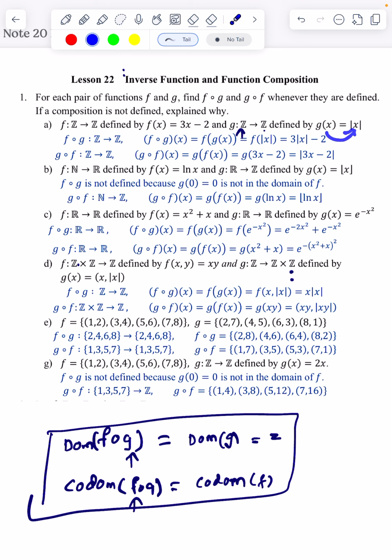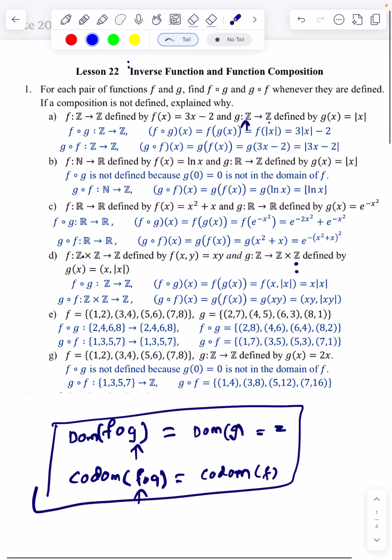That's why it is replaced by mod x. Now f of mod x is there. The f of x function is given, so comparing, in place of x on the left side is mod x, and similarly on the right side we substitute mod x in place of x. Then we get 3 into mod x minus 2.